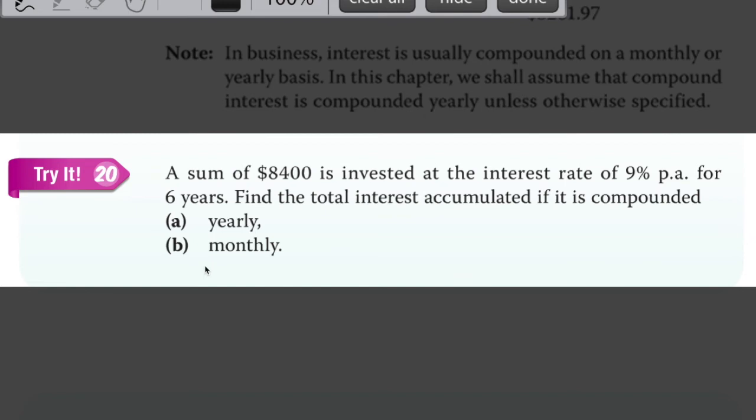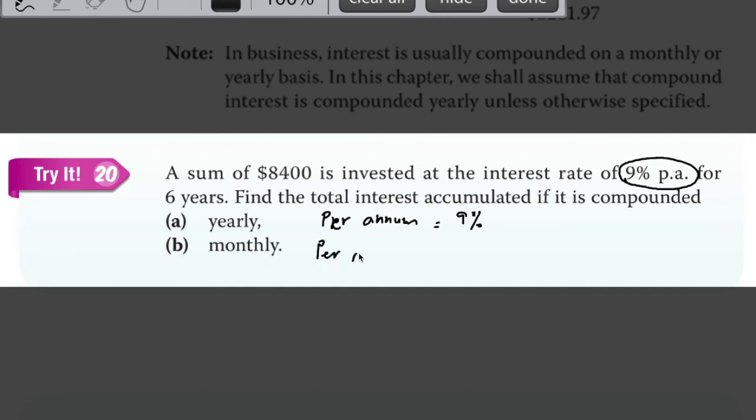Now you want to calculate this monthly. So how do we do that? Note here that it is 9% per annum. So we calculate here per annum, 9%.